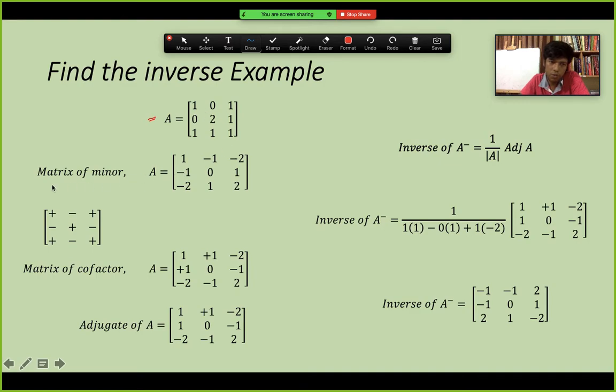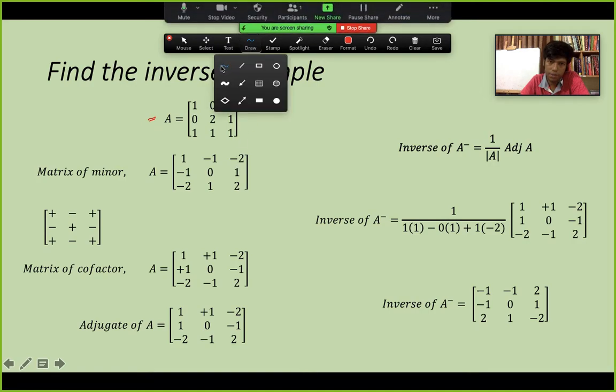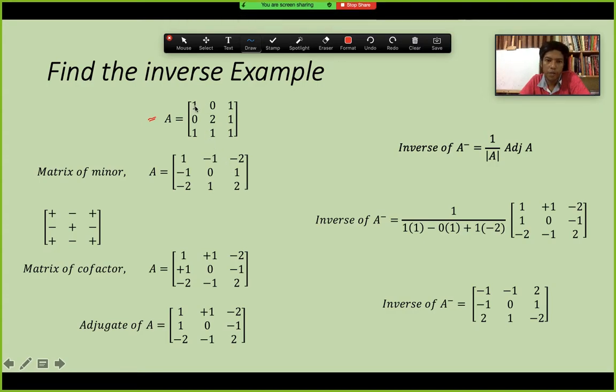First thing is we will find out the matrix of minor. So how to find the matrix of minor is we take the determinant of, starting from row 1, column 1, from here. So when you take this one, then this line and this line cancel out.